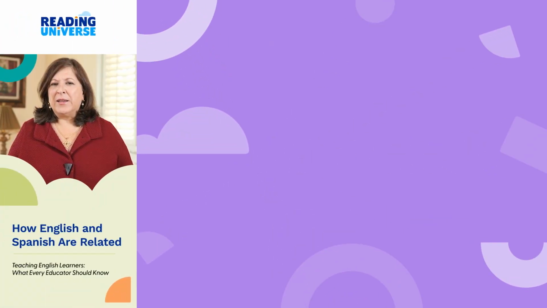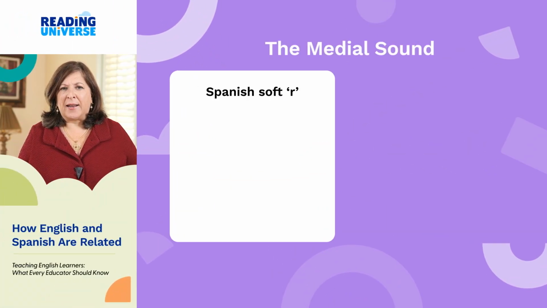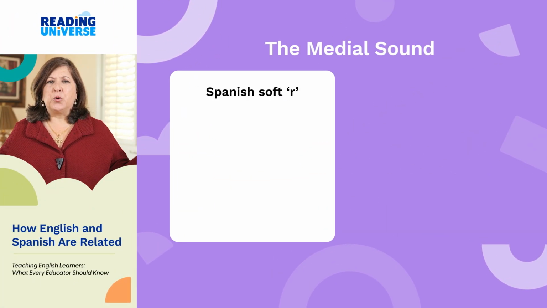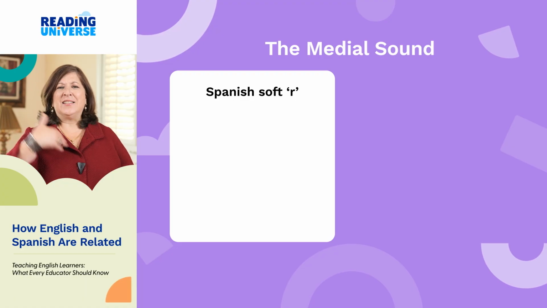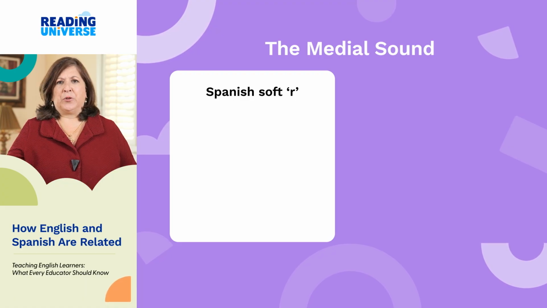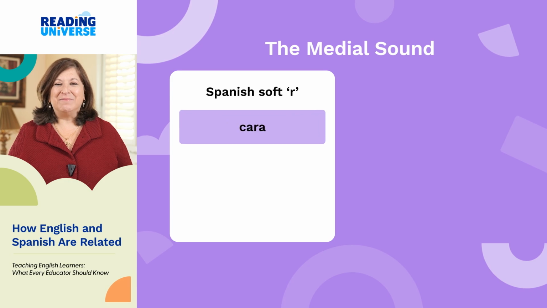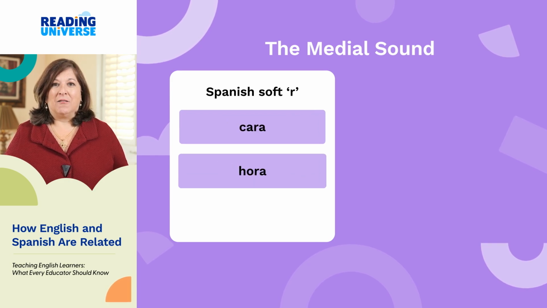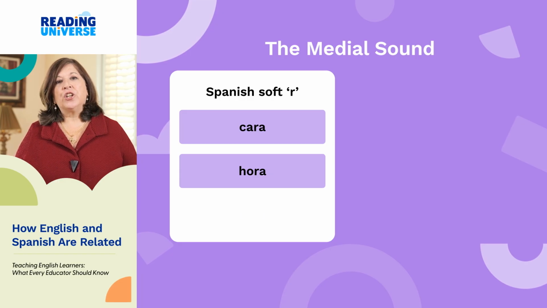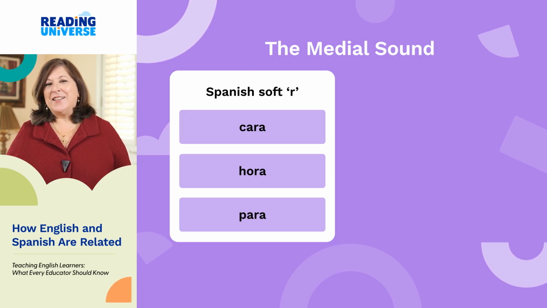But there are also connections, because we have what we call the soft R in Spanish. It's when it's between two vowels. So here's my face. The word for face in Spanish is cara, cara. The word for hour, like what hour is it? Hora, hora. Cara, cara. And what you're going to notice there is I didn't trill that R. We call it the soft R, cara, hora.